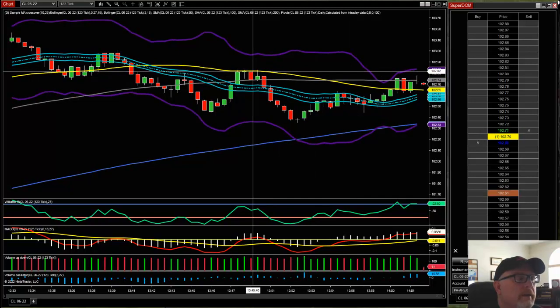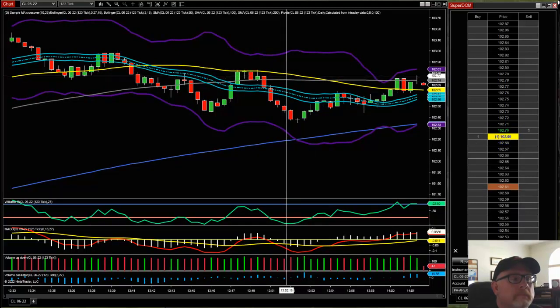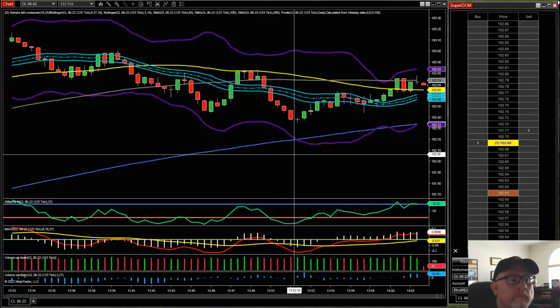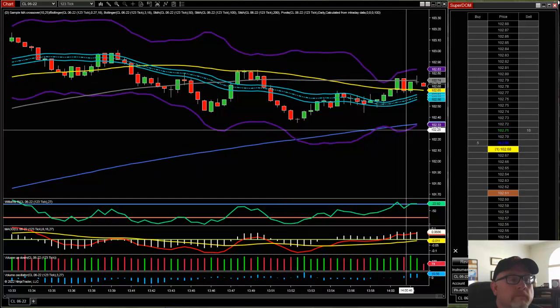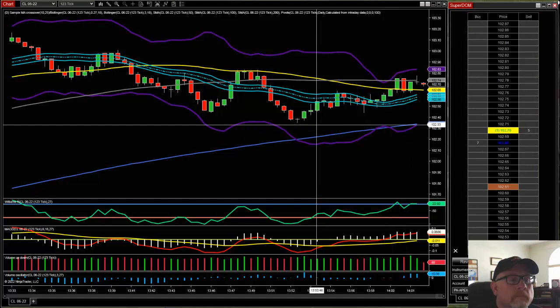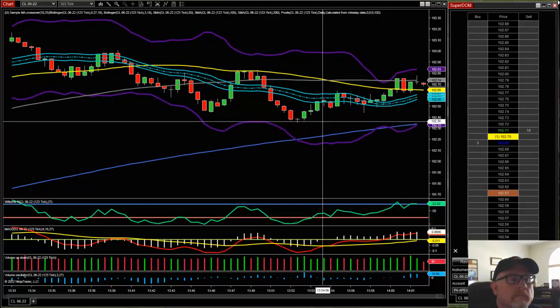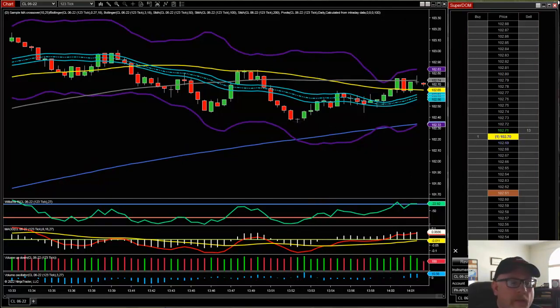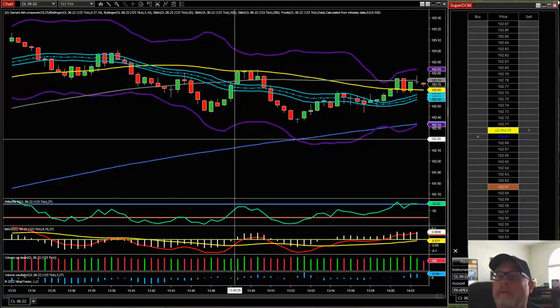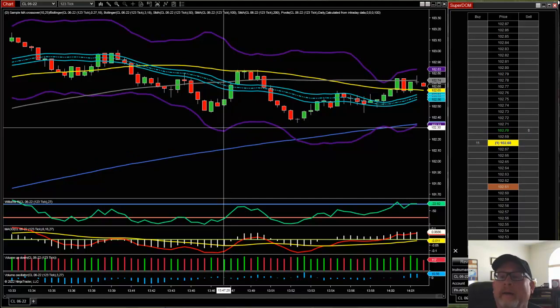Watching this move right here. You have our close button that can get out of everything right now. Down 230 right now.